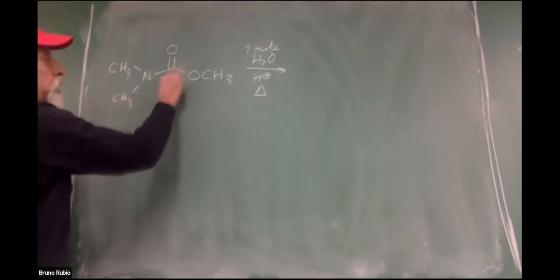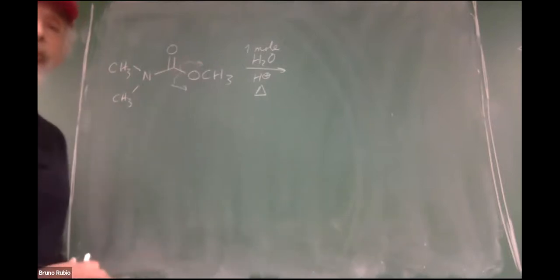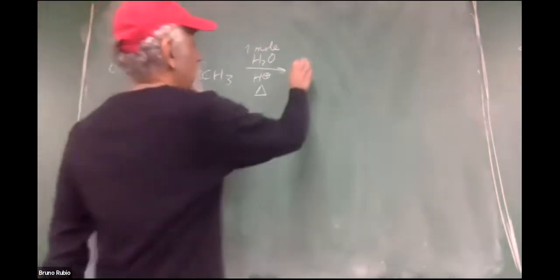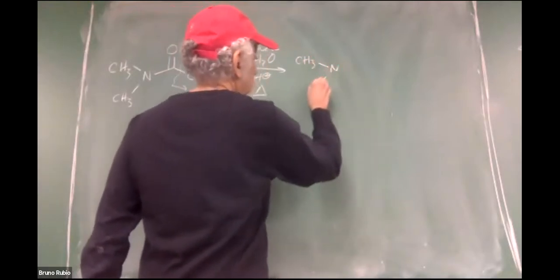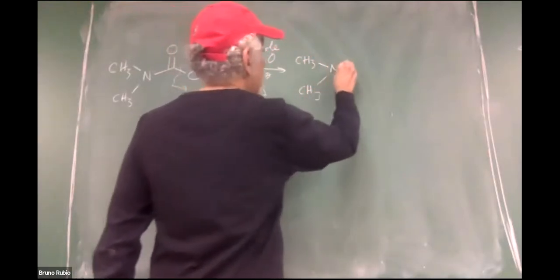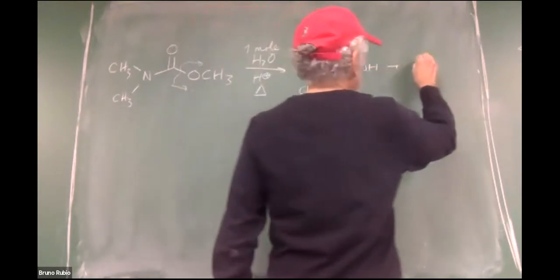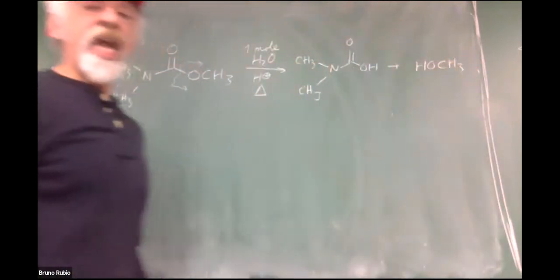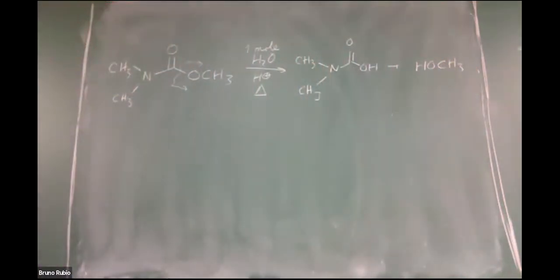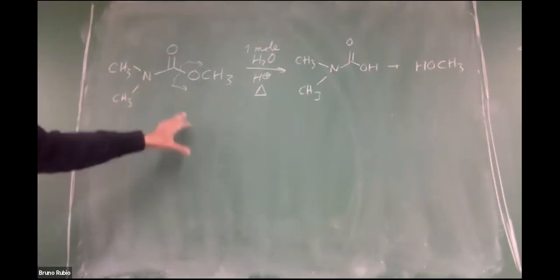So what's going to break off? The ester. The amide's not going to do anything. So that reactivity ladder is a way of predicting what will happen when you have a compound that is acyl on one end and on the other.